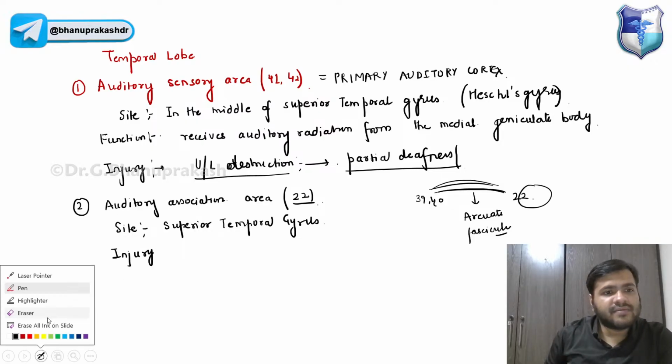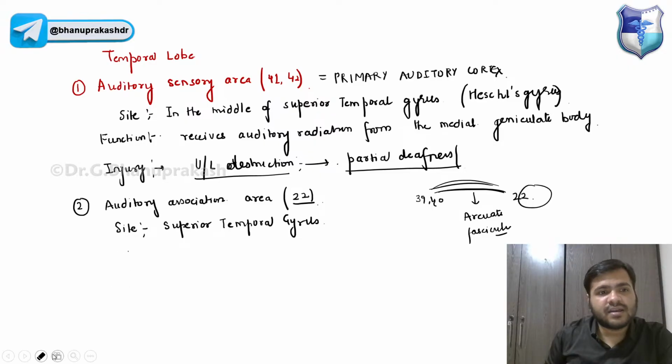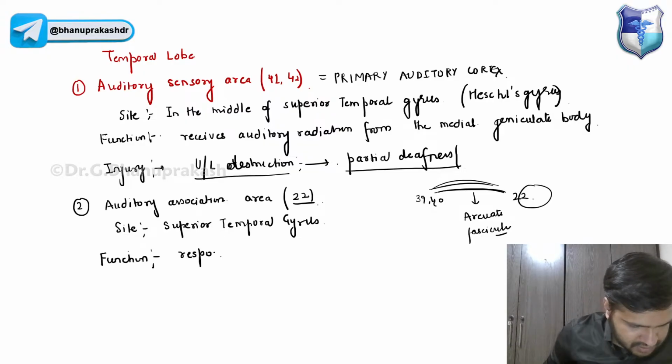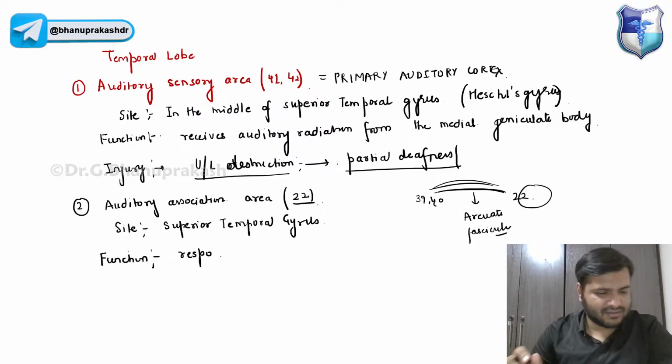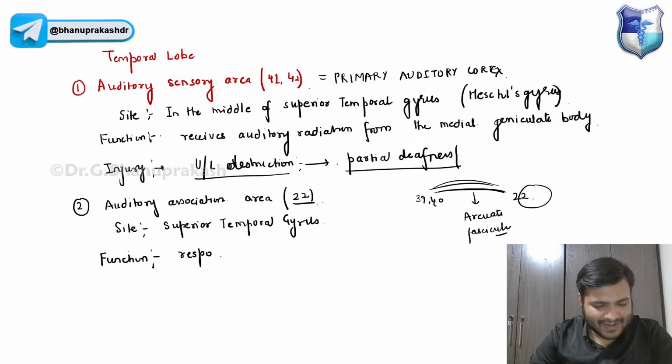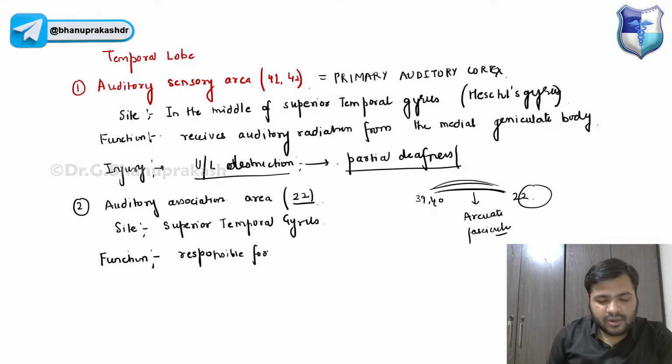Let us first discuss the function of this area, guys. Can anyone tell me what is the function of this area? It is responsible for knowing the meaning of the sounds.